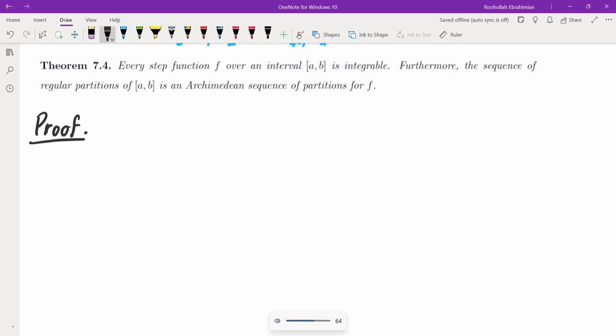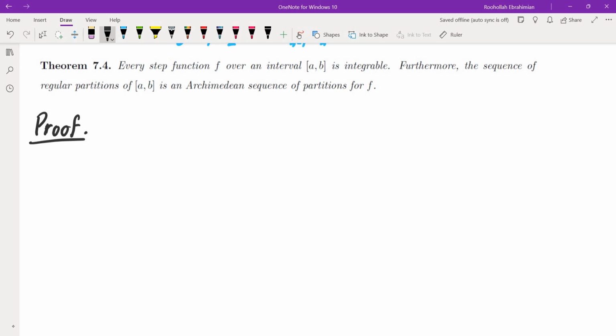The way we're going to handle this is that if you look at the regular partition, almost always the values would be inside the intervals.